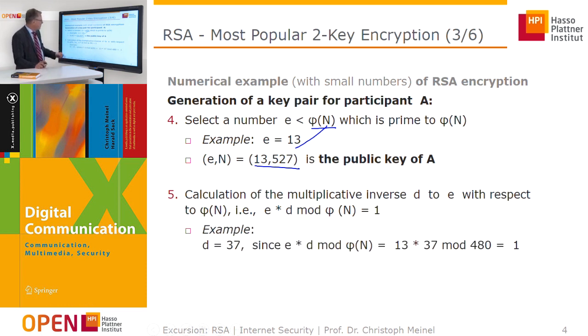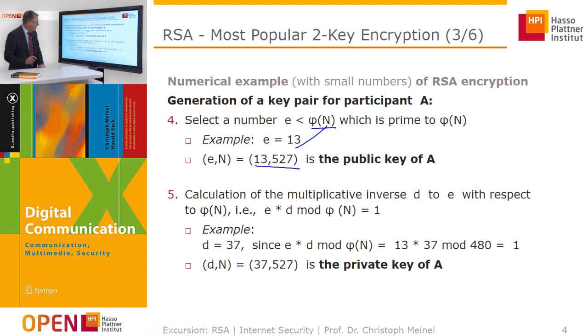When we do this in our simple example, d equal to 37 has this property, since e times d, 13 times 37, modulo the Euler phi function of n, which was 480, is equal to 1.